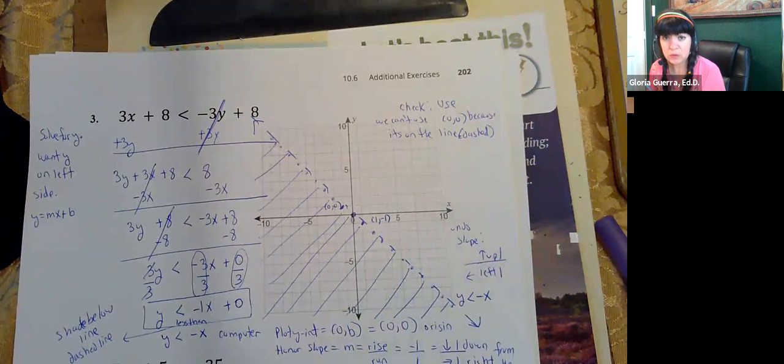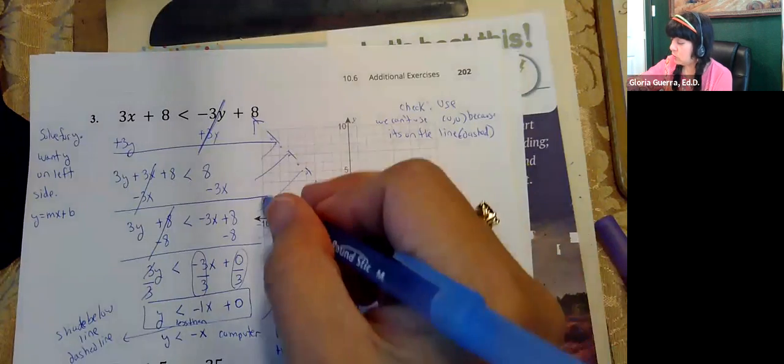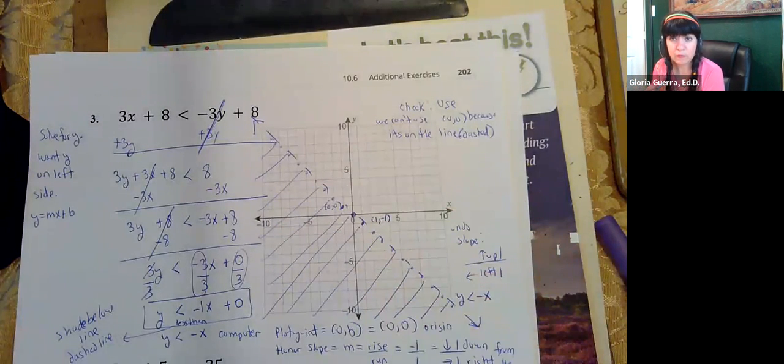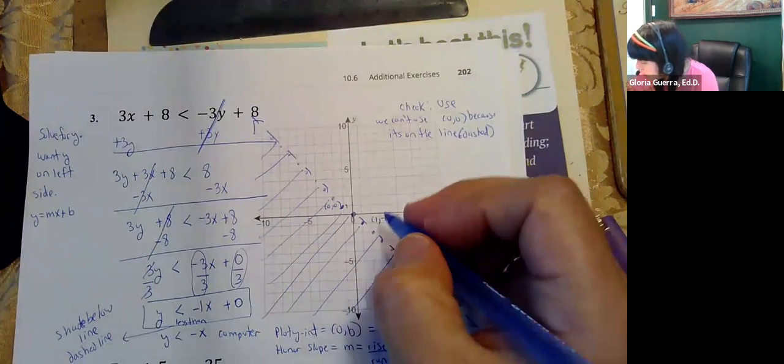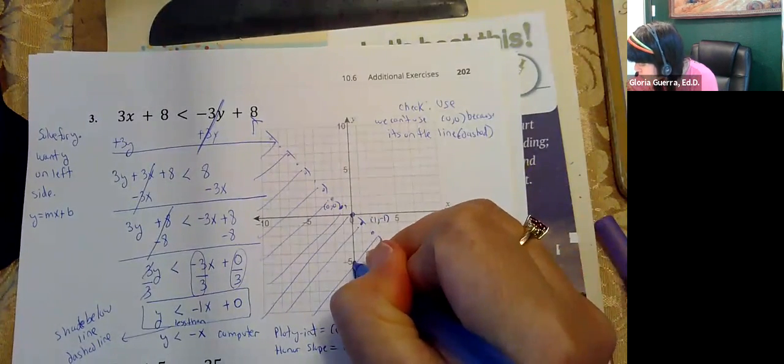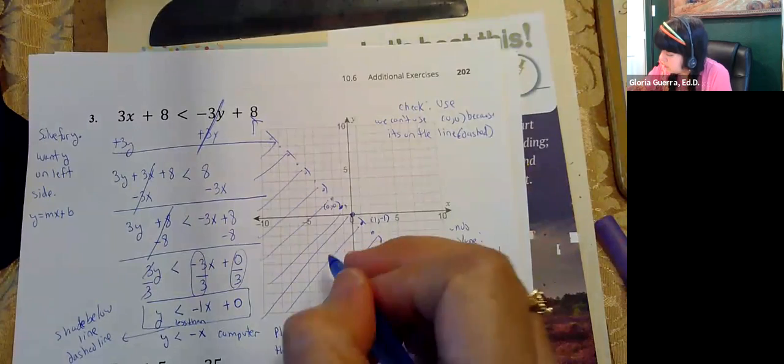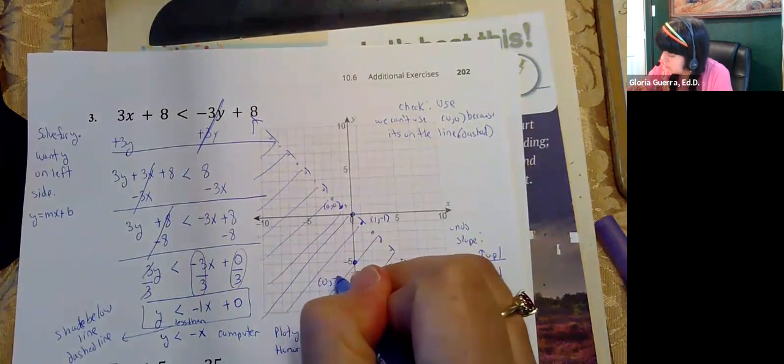Use something else. If you still want the involvement of 0, pick a number from the shaded region that has 0 involved in it. So let's just say I pick 0, -5.